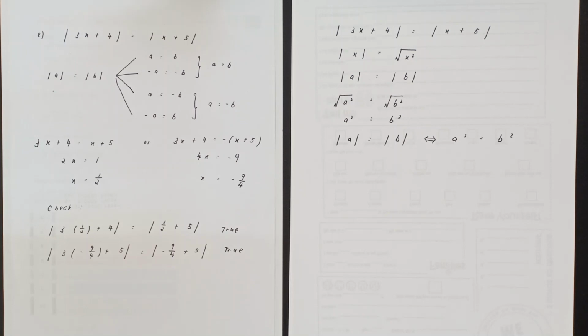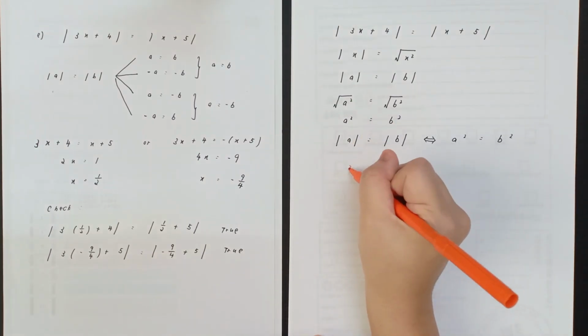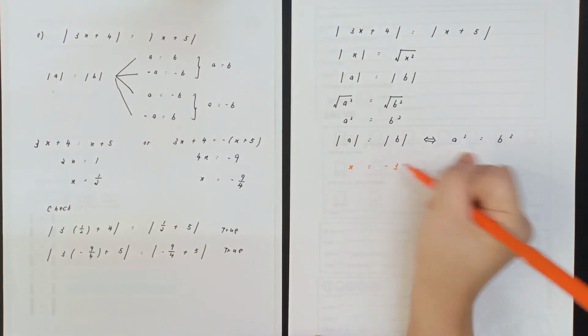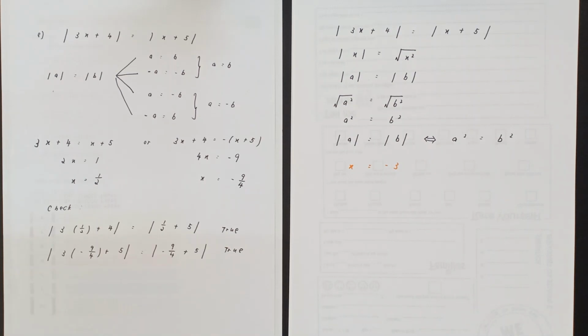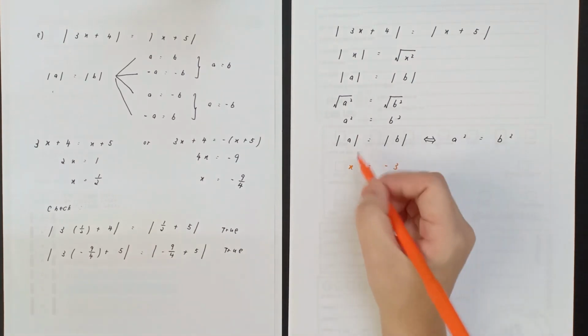So the idea is, let me show you why it is wrong if you want to do it the other way. Let me think of an example. Okay, let's say x equals negative 3. If I try to take the modulus, I'm going to get 3, right?